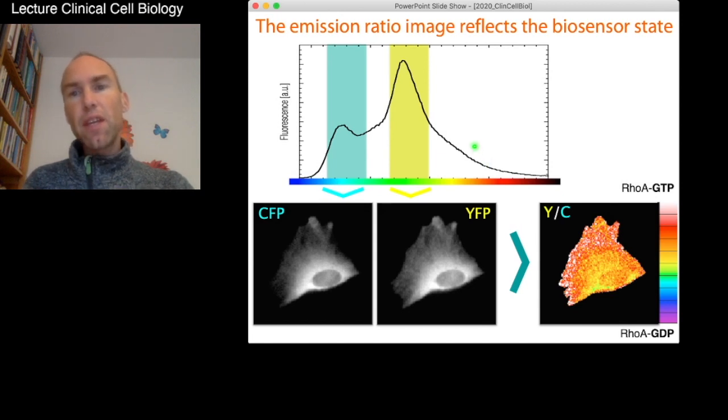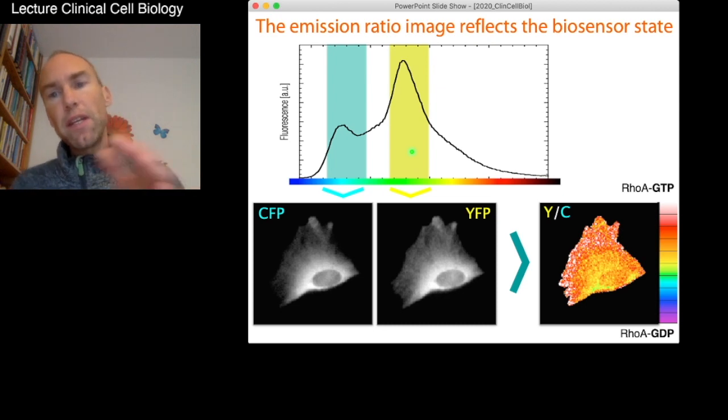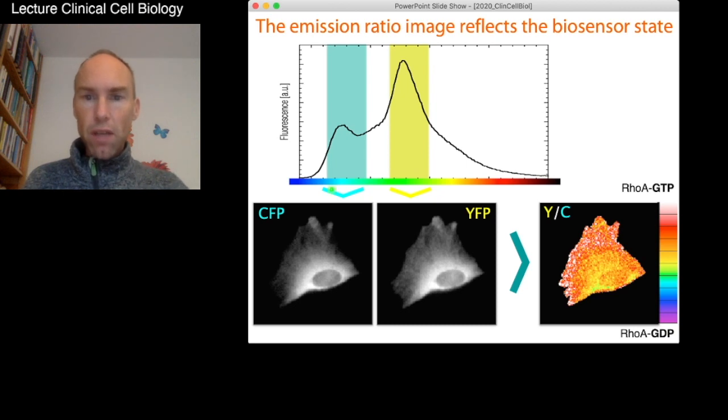And the nice thing is that we can actually take images of these two channels, the cyan channel and the yellow channel, and then we can make an image that displays the ratio of the two signals. And that is shown here below. So we have the cyan fluorescent protein channel, and this is a cell that shows the distribution of this intensity.